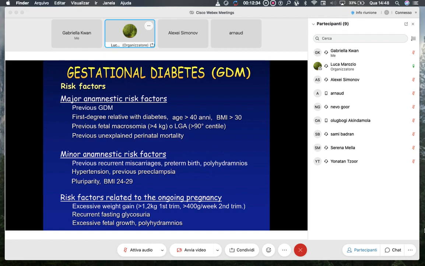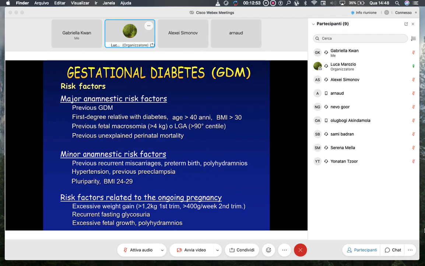But recurrent fasting glycosuria is not common and is investigated for gestational diabetes. Also excessive fetal growth or polyhydramnios in the ongoing pregnancy are risk factors for diabetes.